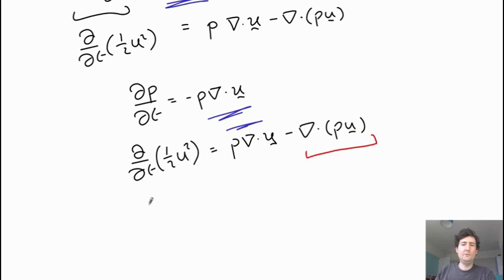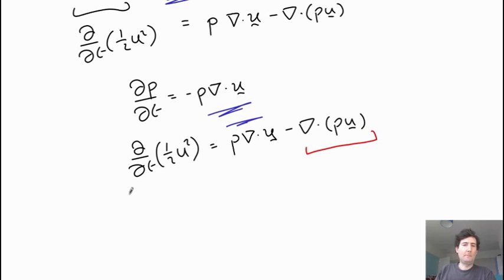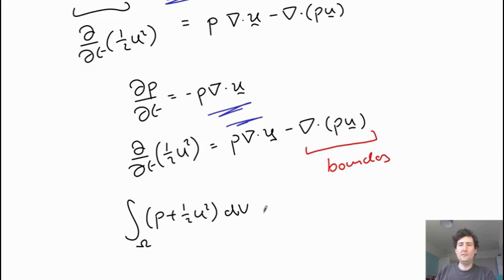So if we integrate over the volume, this will disappear except for boundary terms. So the integral over the whole domain, omega, of p plus a half u squared. So these two terms cancel.